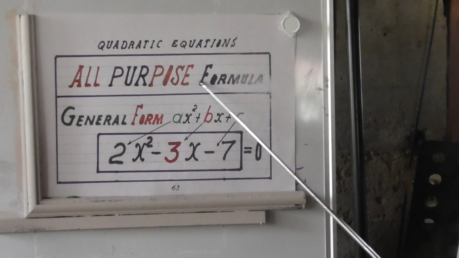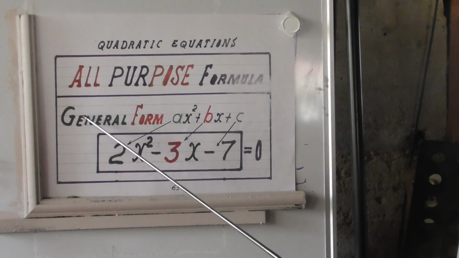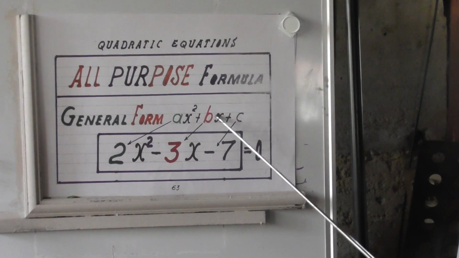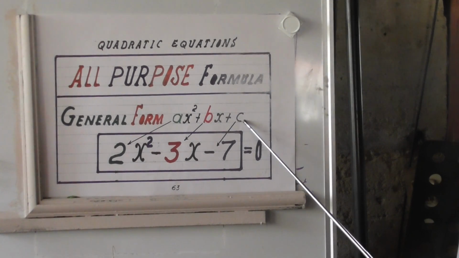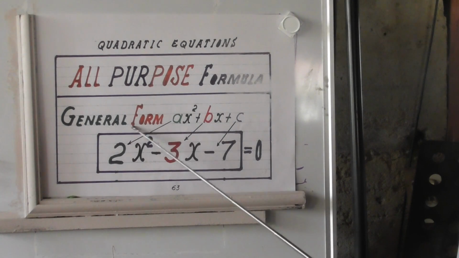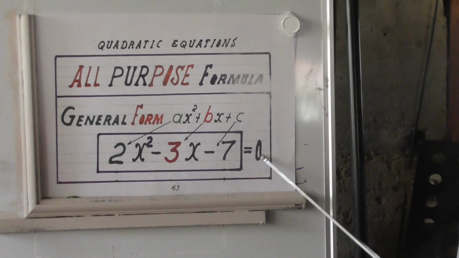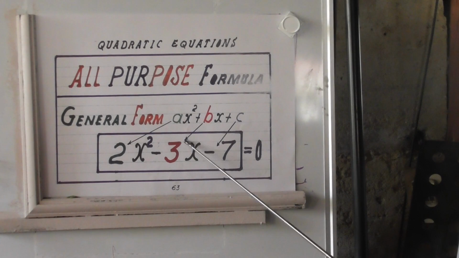So the formula, this is the general form. Well, that is ABC, so that cannot be difficult. Ax squared positive bx positive c. So if we have this quadratic equation, then obviously a is 2, b is negative 3, and c is negative 7. That cannot be difficult.